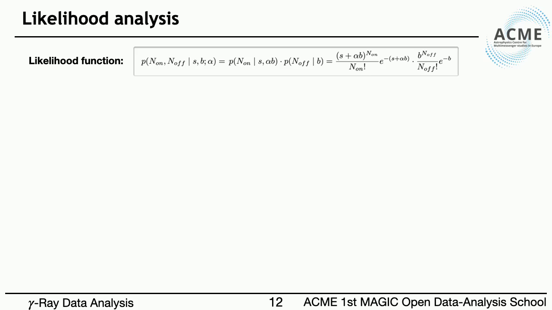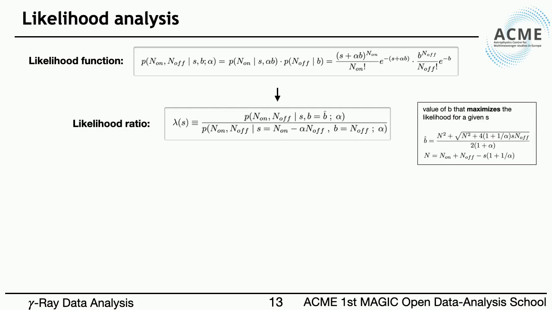In this case, it's a function of S and B, and is by definition the probability of observing your data, in our case the counts n on and n off, given your model that describes your observation. In this case, our model is given by Poissonian statistics, as I showed you before.